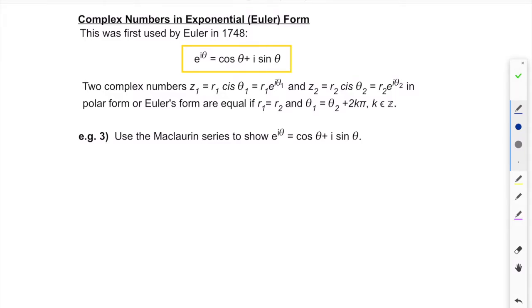So theta 1 is equal to theta 2 plus 2k pi, where k is an integer. So we can identify identical complex numbers using this fact.